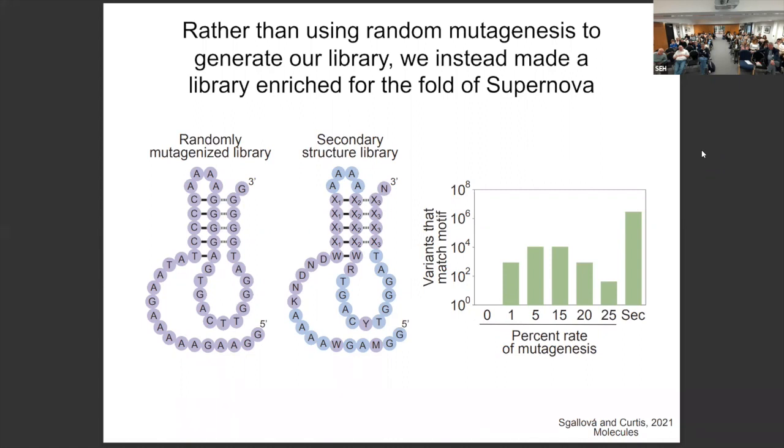The positions shown in blue correspond to those that were highly conserved in our data set of about 135,000 variants of Supernova, so we kept these constant. The positions shown in purple are ones that exhibited some variation.